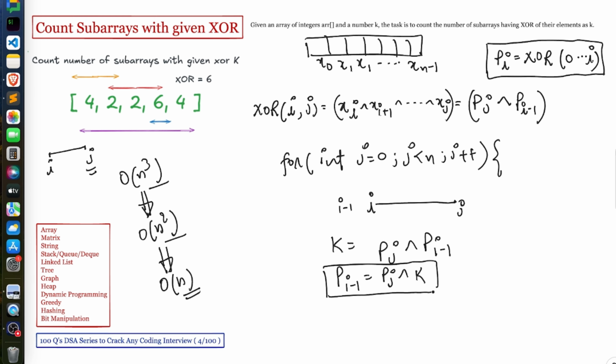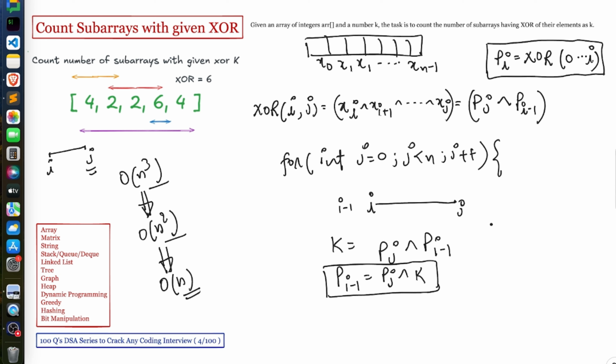So from here we can clearly see, in order to find how many subarrays are there that end at index j and whose XOR is equal to k, it is nothing but counting how many previous prefixes are there such that their value is equal to pj XOR k.